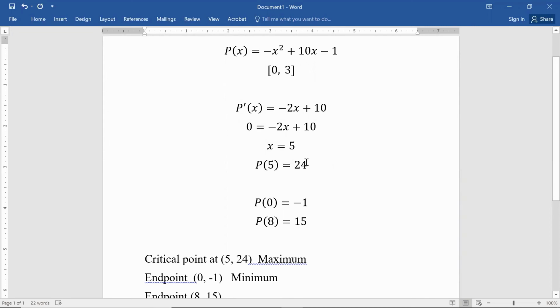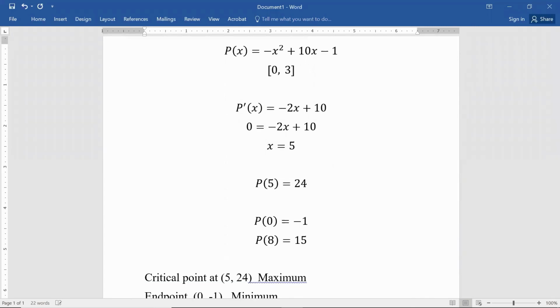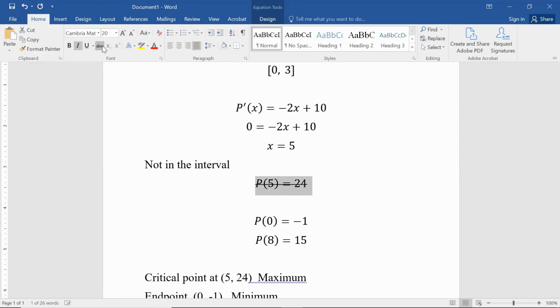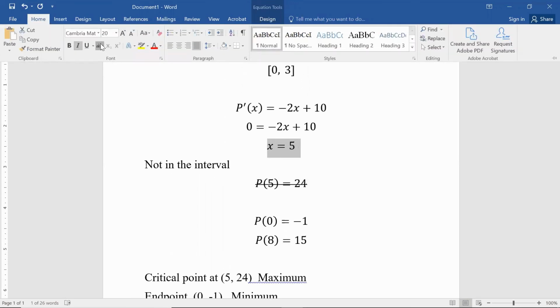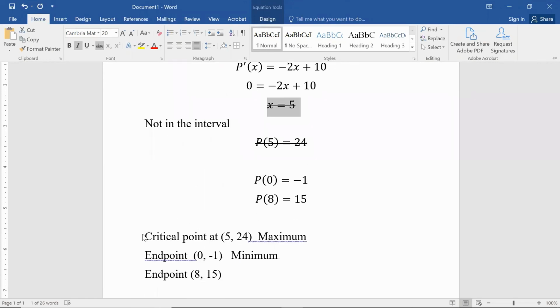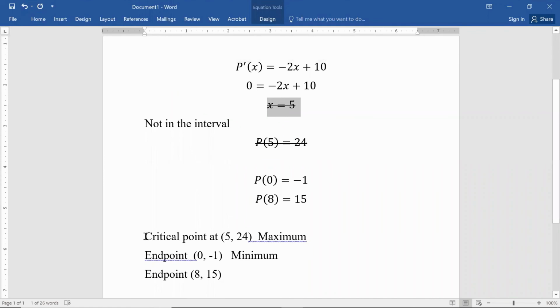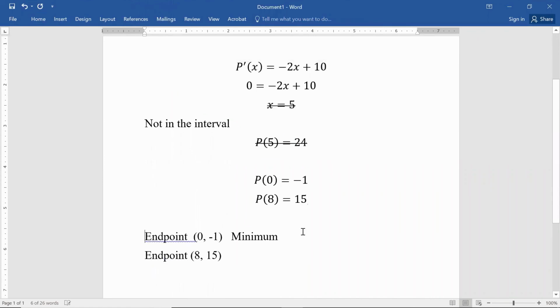So while it's a critical value of the function, this value of 5 is not in the interval that I'm looking at. So I can just strike it, ignore it, because I know that's outside of my interval. So I don't have the critical point (5, 24) to use in this problem.